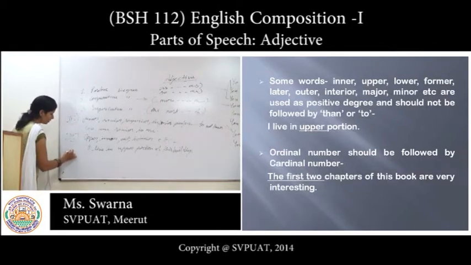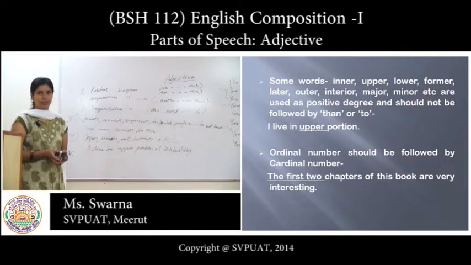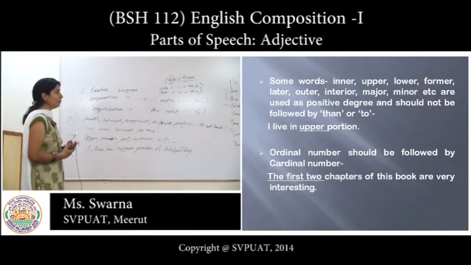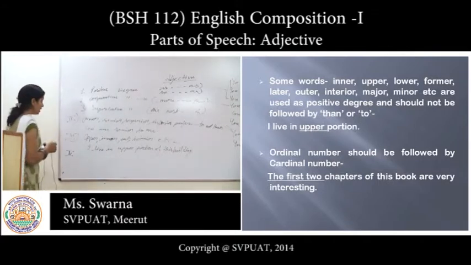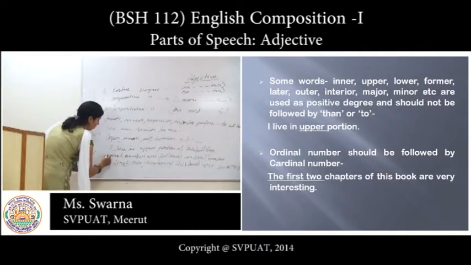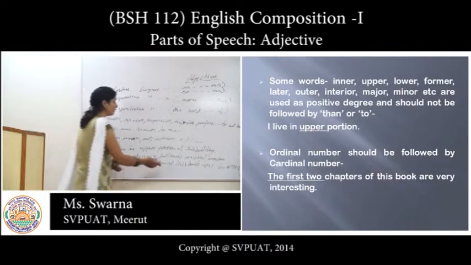The next rule is: if cardinal and ordinal numbers are in the same sentence, how can we use these numbers in a sequence? Ordinal numbers come first, followed by cardinal numbers.